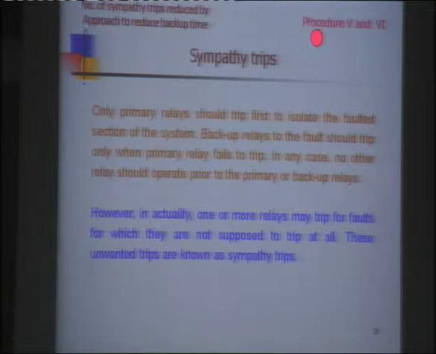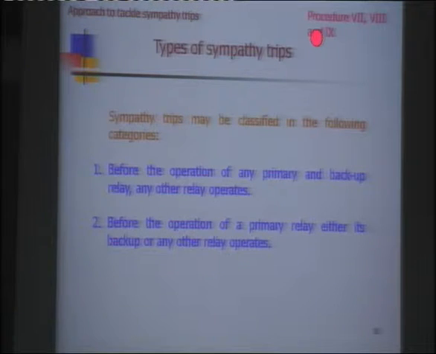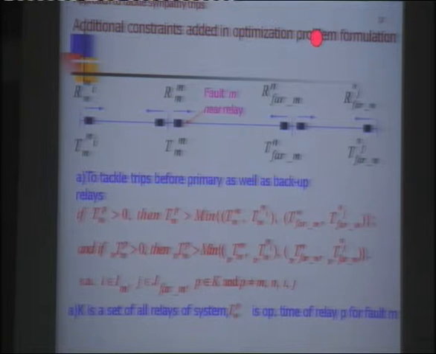It will be of use only in so far as the primary relay operates first and the backup relay does not operate first, so that a smaller area will be isolated. But if the primary relay fails to operate in that time and the backup relay operates too late, then it will be of no use, because by that time the fault will have been on for that much time, and damage to the system might have been caused.